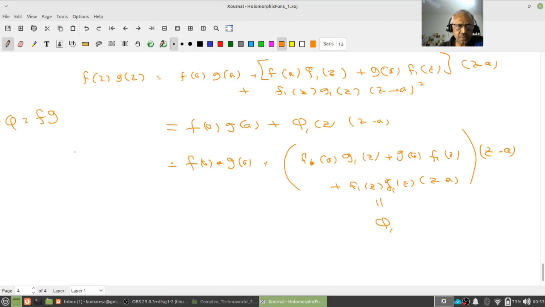Therefore I have shown phi of z equals phi of A plus phi 1 of z into z minus A, where phi 1 is continuous, right?